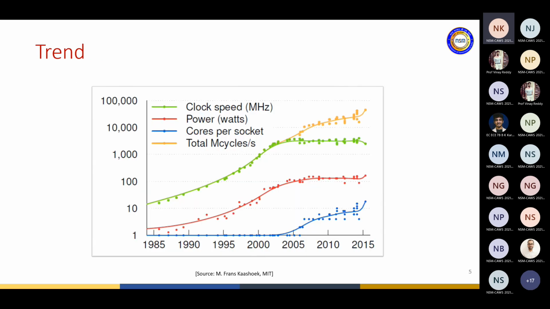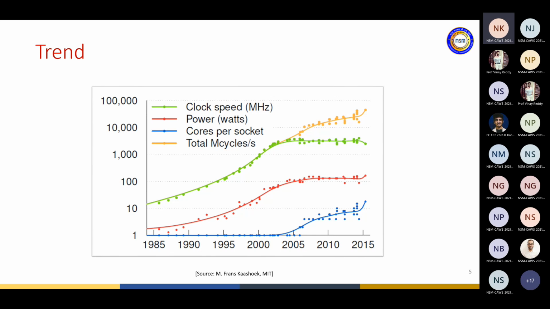A few things to keep in mind: here you can see that the clock speed saturated a long time back, but still the total throughput is increasing because we have been packing more cores per socket, and you can also see the number of cores per socket increasing.